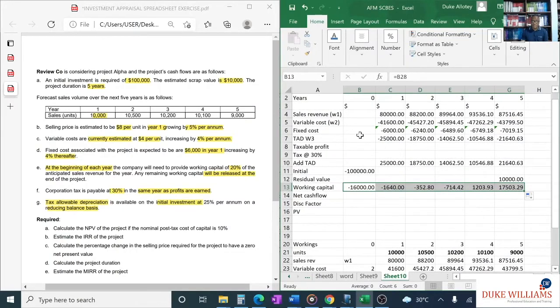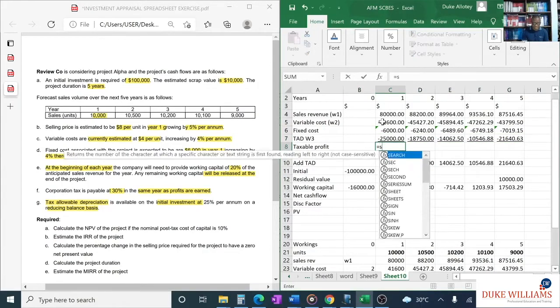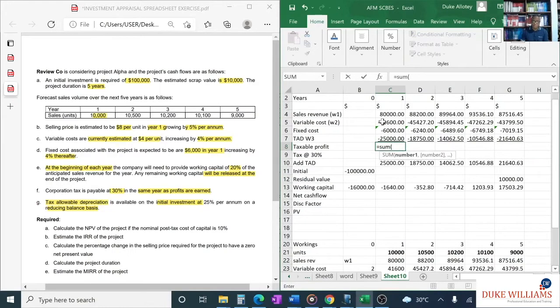So let me look out for my taxable profit and tax at 30%. I want to underline that I've done that beautifully. Taxable profit will simply be the sum of all that, so beautiful using the spreadsheet, and that gives me this figure.